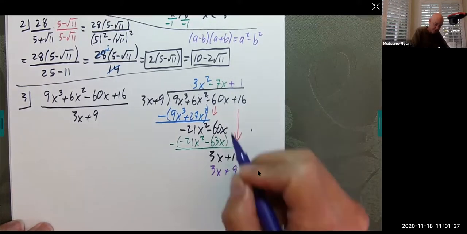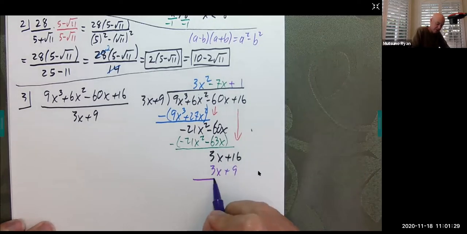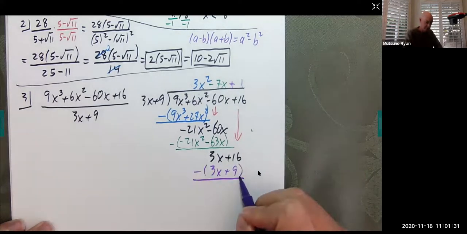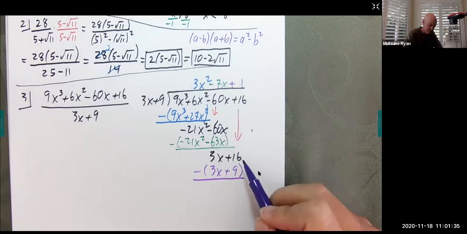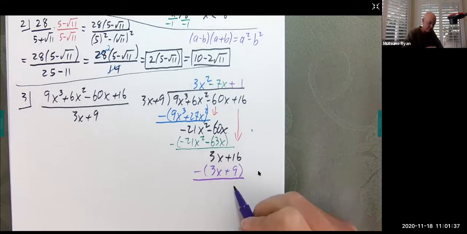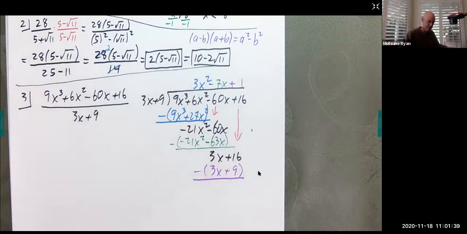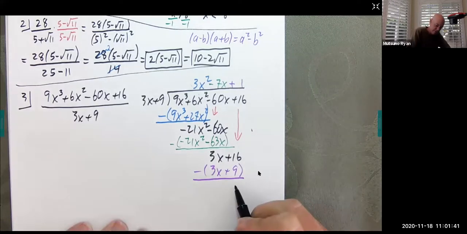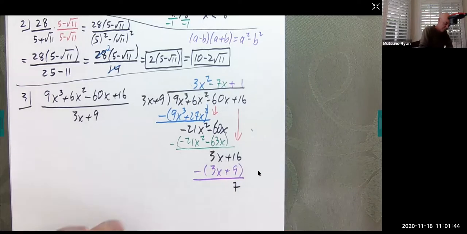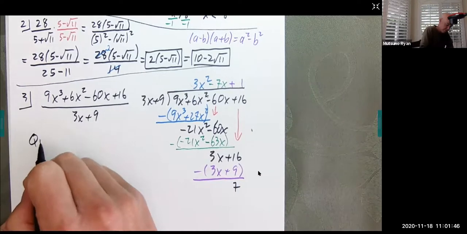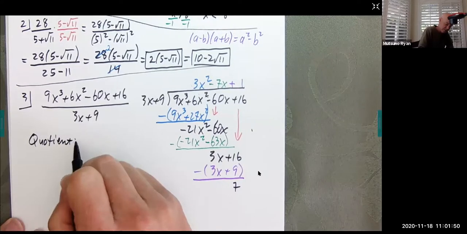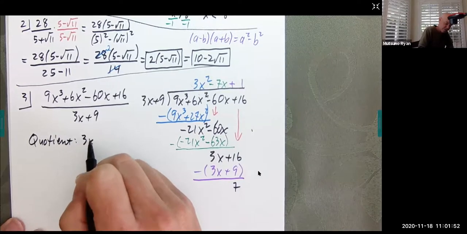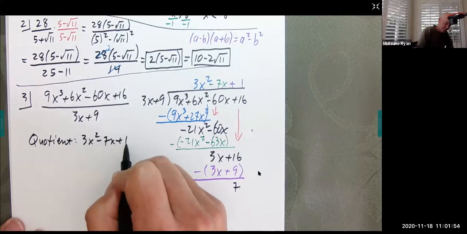Distribute the 1 here as well. And subtract. 3x minus 3x is 0, again, as they always should be. 16 minus 9 should be 7. So the quotient in this case is 3x squared minus 7x plus 1.